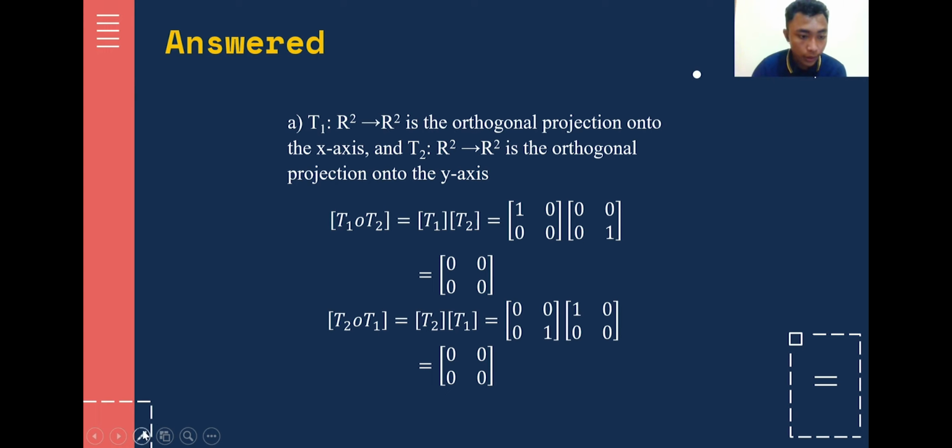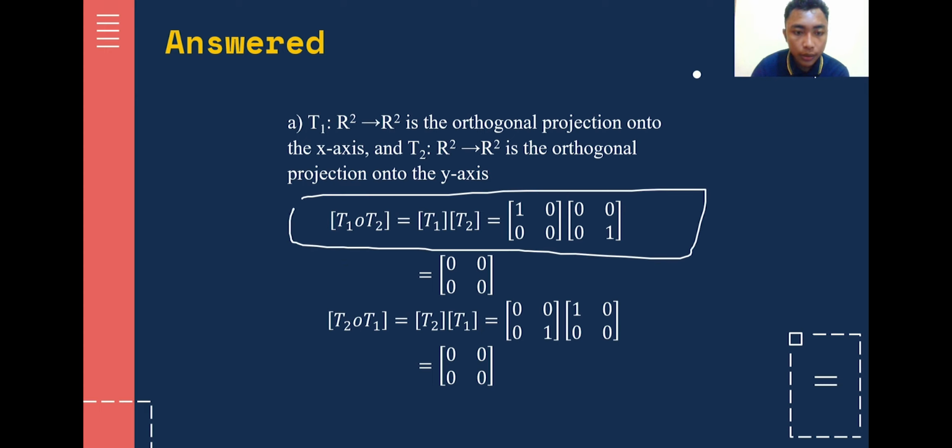So we can see the first is T1 of T2. The result will be like this. The formula will be like this because this is the orthogonal projection. Like I said before, if I draw, this is x, this is y, and the point, and the formula, we just use the formula.